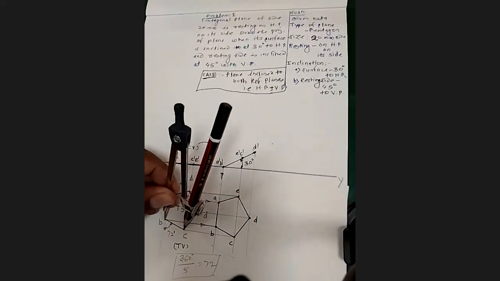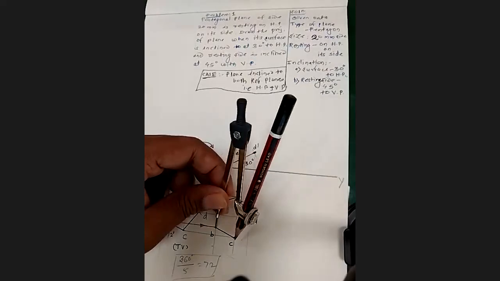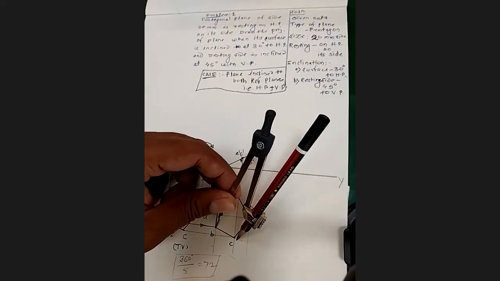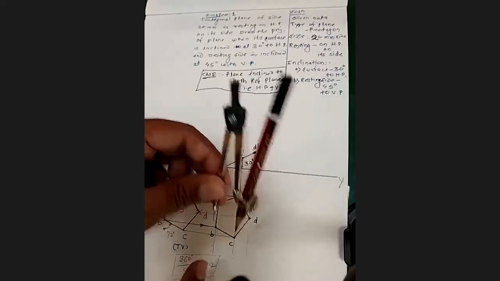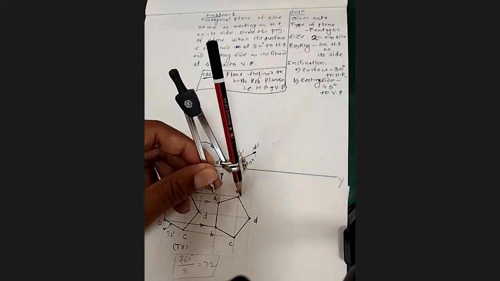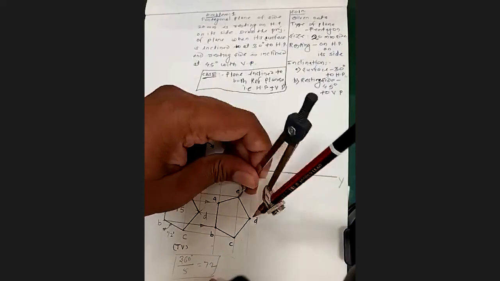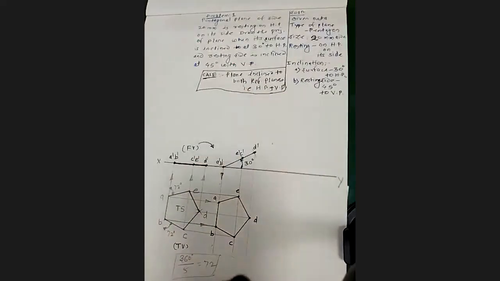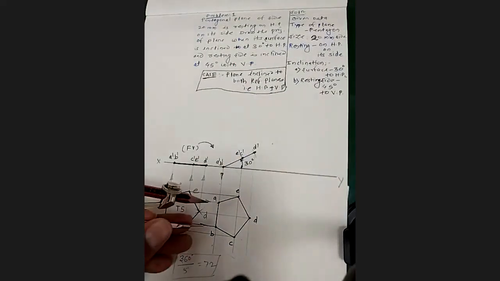The actual true length is 20. When making it inclined to HP, how much are you getting? Less than 20. Some lines you will get equal, and some you will not.